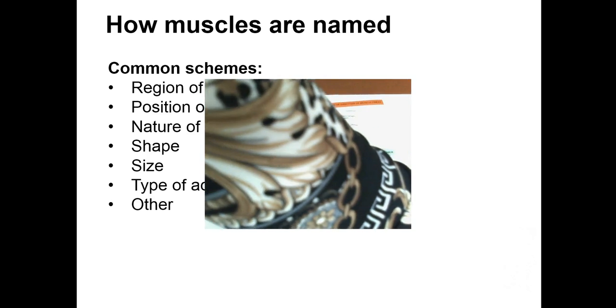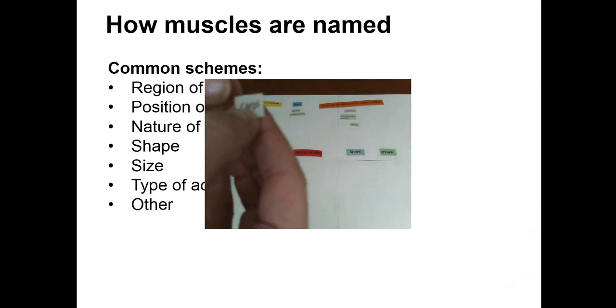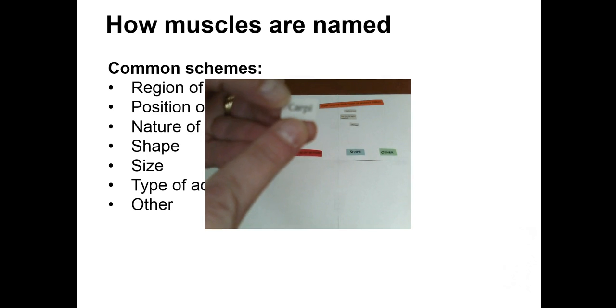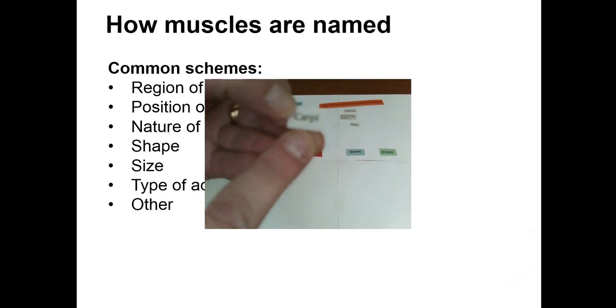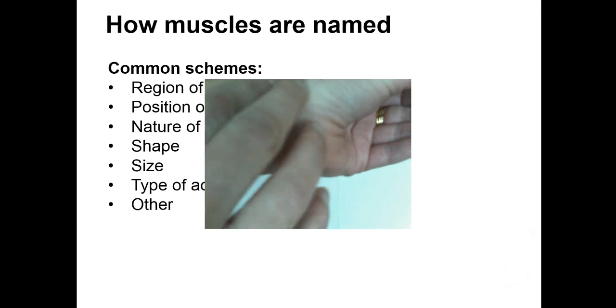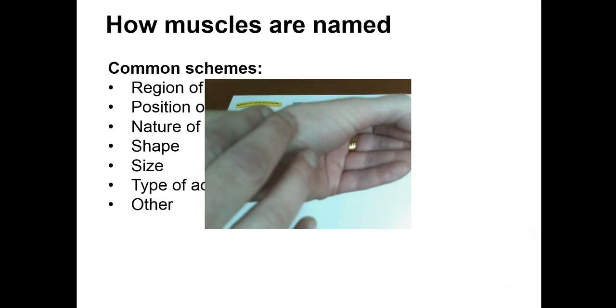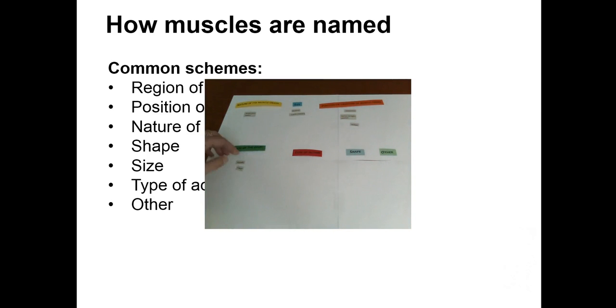Another example is here we have the word carpi. Well, carpi, you're probably going to think of carpals, which means it's going to be in that wrist region where your carpal bones are, where the carpal region is. And so again, that's a region of the body.